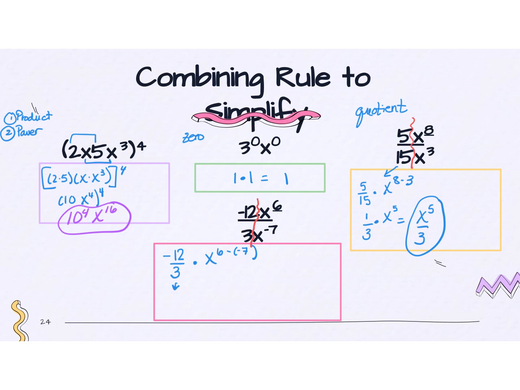Negative 12 divided by 3 is negative 4. This becomes, let's write it down over here, x to the power of 6 plus 7. Watch your negatives. Okay. So I have negative 4 times x to the power of 6 plus 7 is 13.